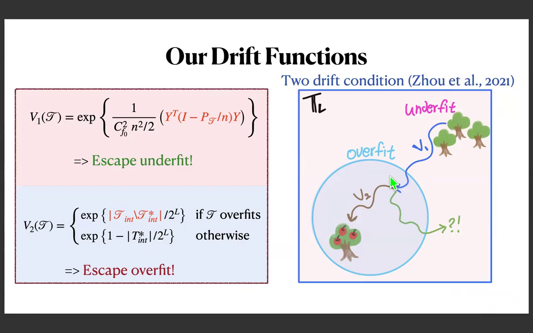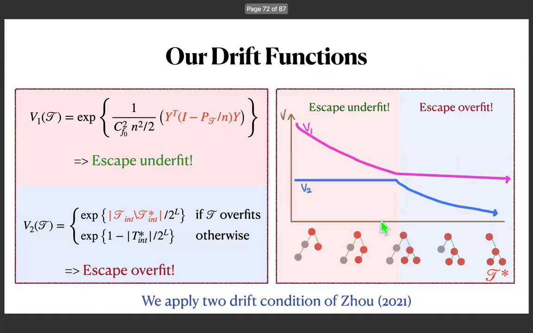And once the chain escapes the underfitting situation, then because it will regard the redundant nodes as a kind of waste of probability, it will try to reduce its tree size to escape the overfit situation and come near to the true tree. That tendency can be explained by finding a proper drift function V2.